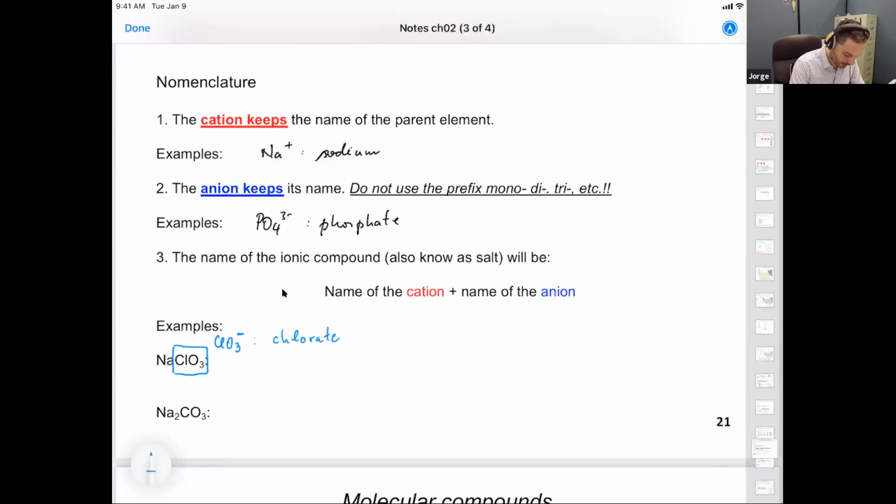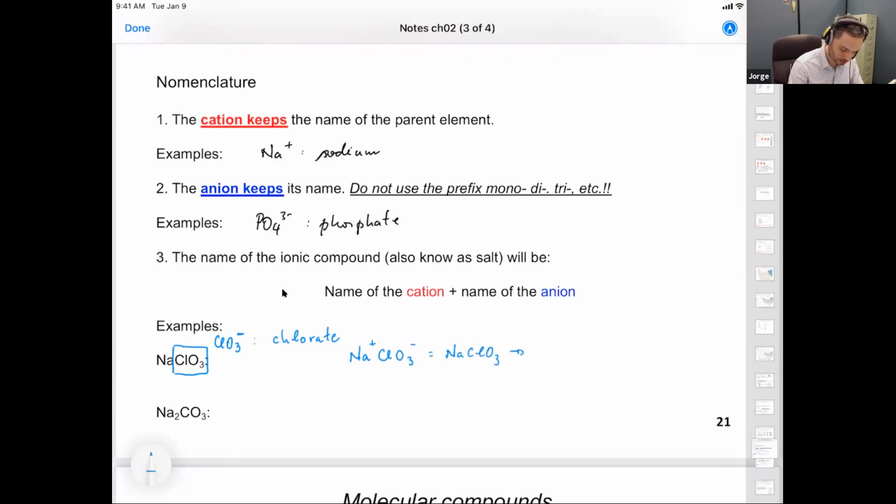Because there is a negative charge for the chlorate, someone has to balance out this charge, and that's going to be sodium. Sodium belongs to group 1, therefore it has a +1 charge. So sodium will combine with chlorate. Because the charges are 1 plus and 1 minus, you don't need to write anything.